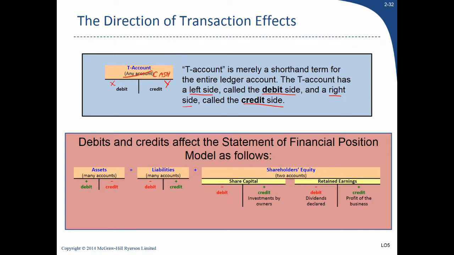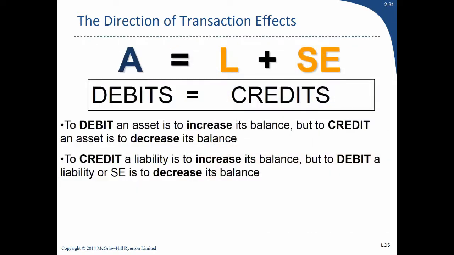Another tip, you'll sometimes see shorthand for debit, and I'll be using this because I don't want to write out the word debit, as DR. Not doctor, just DR. That's shorthand for debit. And you'll see credit, no surprise, CR.